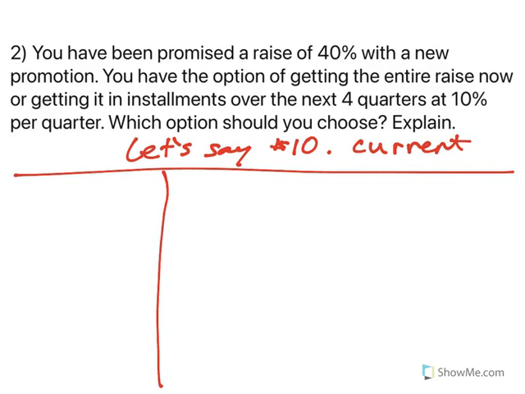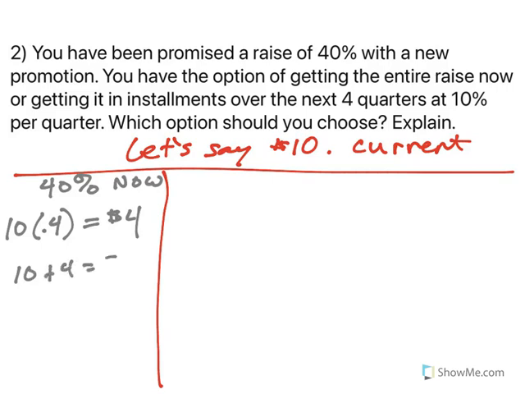So the first one says you're going to get a 40% raise right now. Well, how much more are you going to earn? If I'm earning 10, I'm going to get a 40% raise, which is 0.4. That means I'm getting a $4 raise. So right now I'll be earning 10 plus 4, which is $14, starting today.